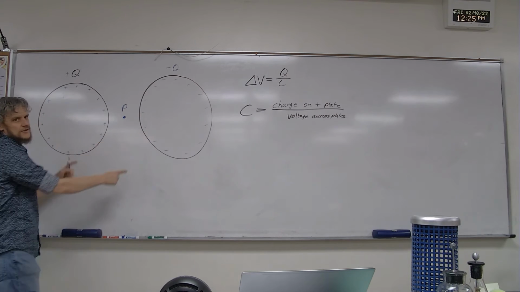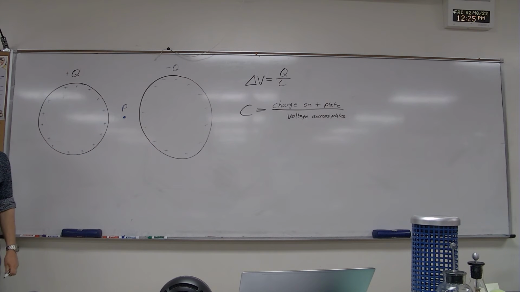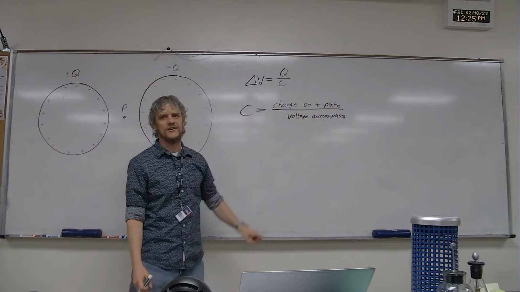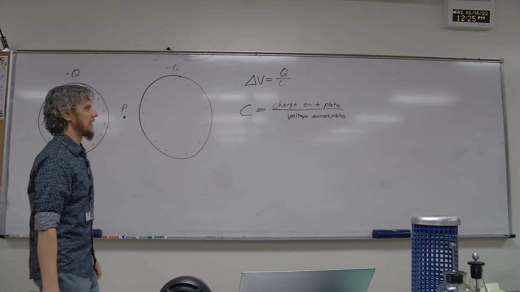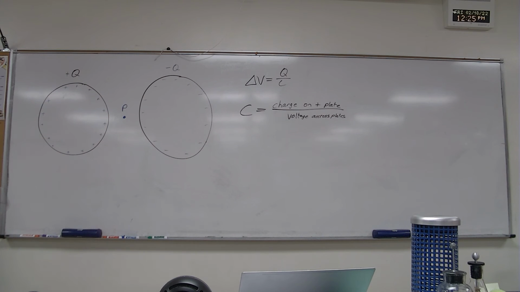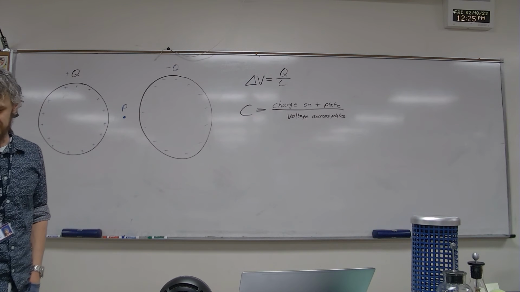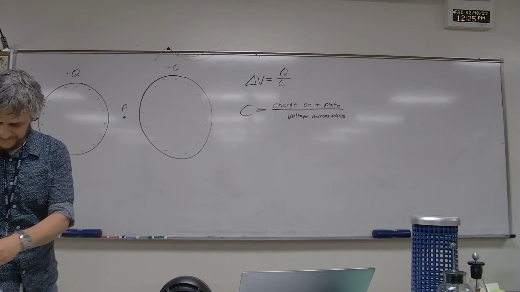What's the total amount of charge here? Zero. Zero net charge. So it would be useless to talk about a capacitor with the total charge. So it's just by definition the charge on the positive plate. If I say I have a capacitor that's storing 3 microcoulombs of charge, that means there's 3 microcoulombs on the positive plate and negative 3 microcoulombs on the negative plate. It's just nomenclature you have to be aware of as we go and start talking about this stuff.